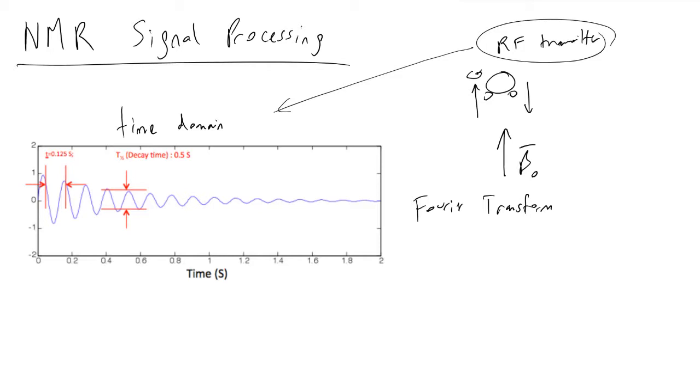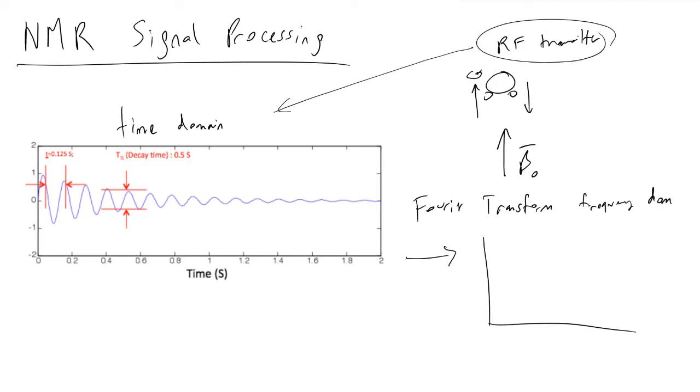There are math equations behind it, but we always use computer programs to evaluate that kind of stuff. But what happens when we Fourier transform a function in the time domain is we end up with something in the frequency domain.